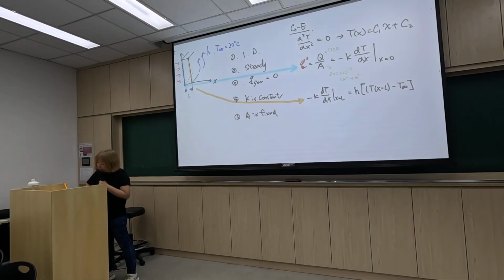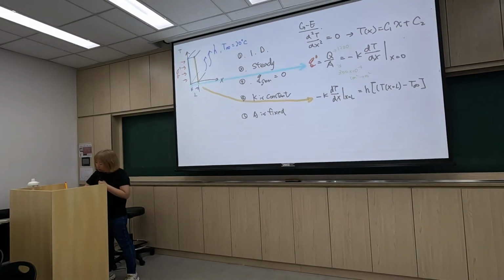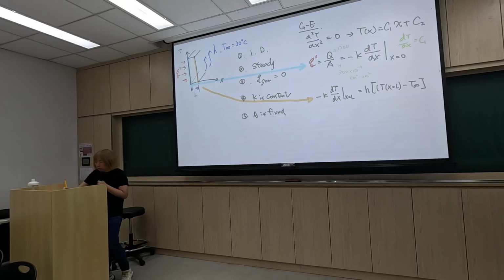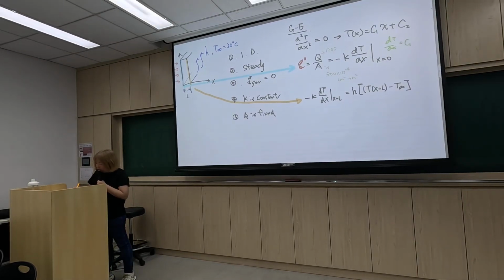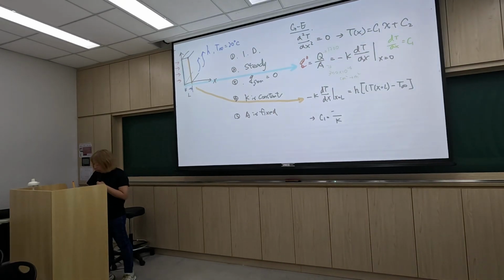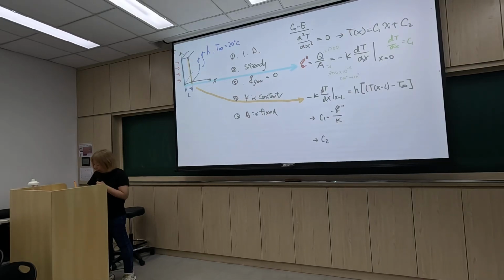Then if you recall, this dT/dx becomes c1, right? We already derived the equation, so let's pull out the equation like this. So c1 will equal minus q, and c2 will become the expression with h.